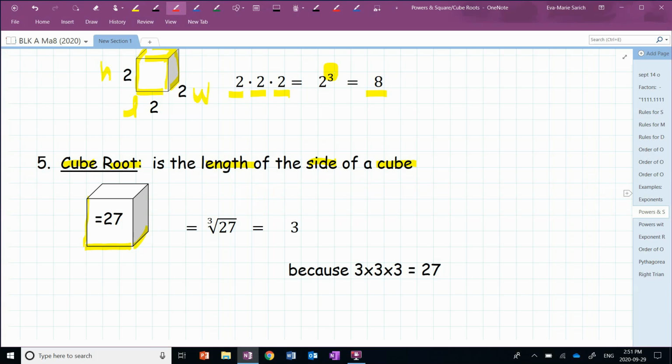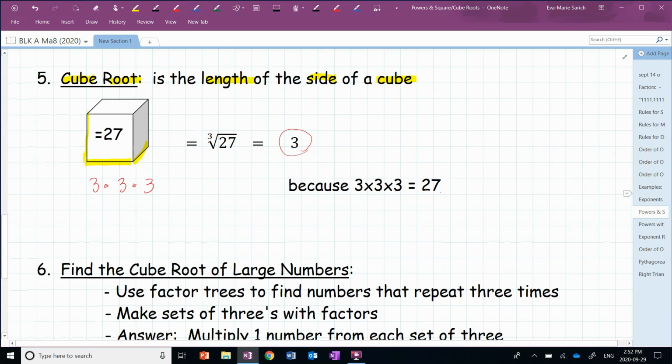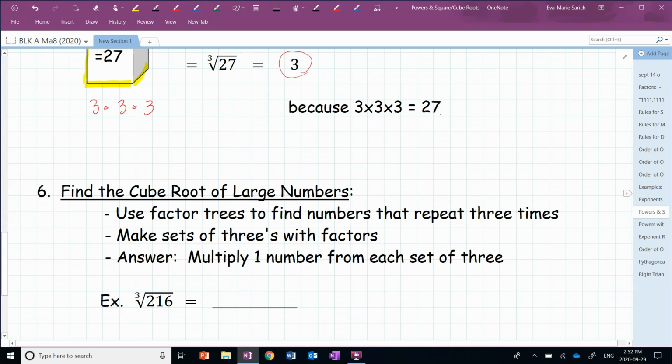Well, we recognize that 3 times 3 times 3 is going to equal 27. So the cube root of 27 is going to equal 3, because 3 repeated 3 times gives you 27. So for cubes, we're looking for groups or sets of 3. Squares, we're looking for sets of 2.